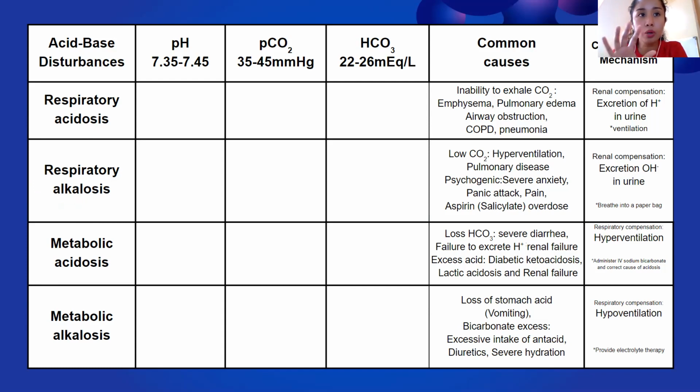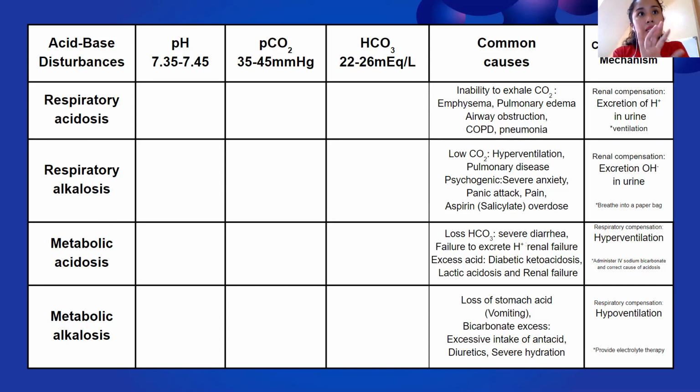So, there's something wrong. Pag sabi natin respiratory acidosis, there's something wrong on how the lungs regulate your carbon dioxide. Pag metabolic acidosis, there's something wrong with how the kidneys regulate your hydrogen ion.